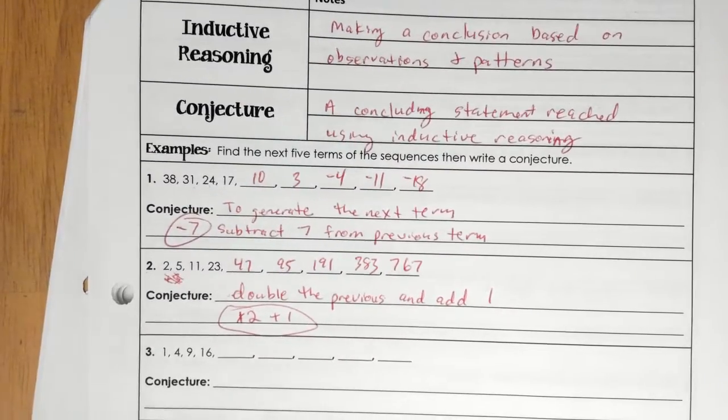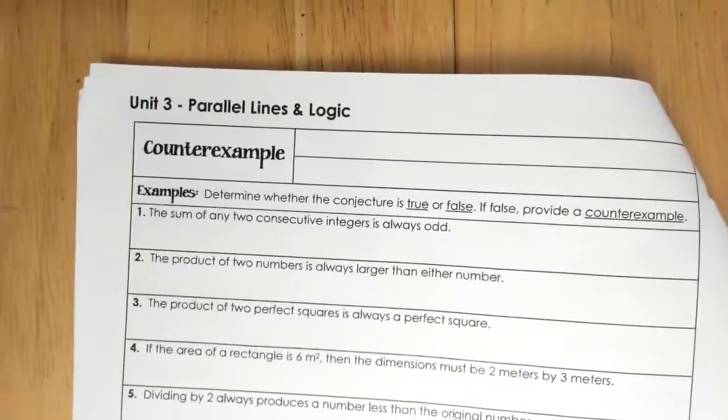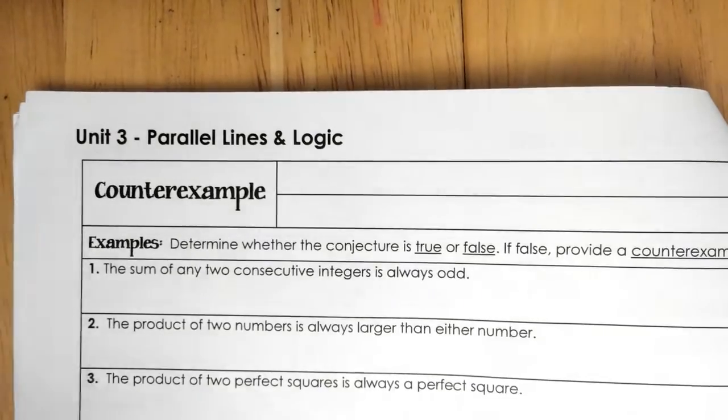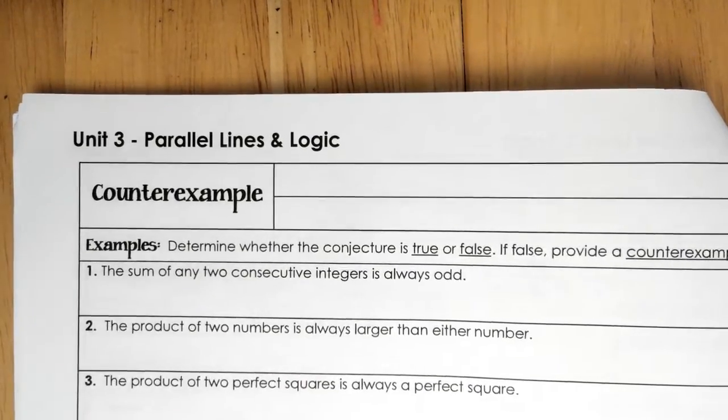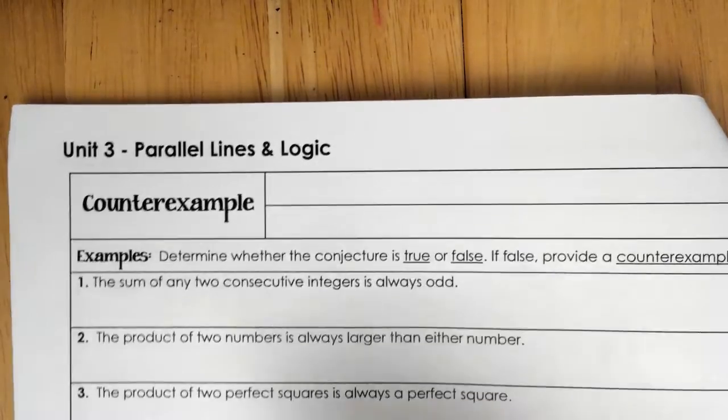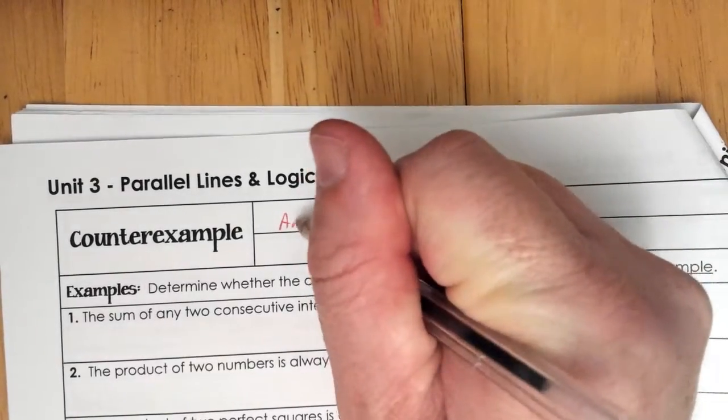All right. Flip the page. Number 10, counterexamples. Super simple. For a counterexample, that is an example that shows the conjecture is false.